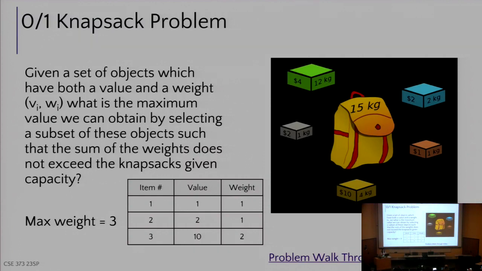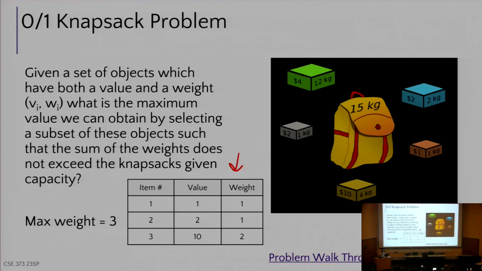Okay, so the knapsack problem is a very popular dynamic programming problem that you will see very often. It is also very similar to, but more complicated than, the box problem, so I think it's a nice next step. In the knapsack problem, we are given a set of objects, and each object has a value and a weight. We also have a knapsack that has a maximum weight, a weight limit.